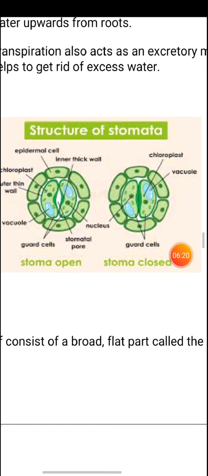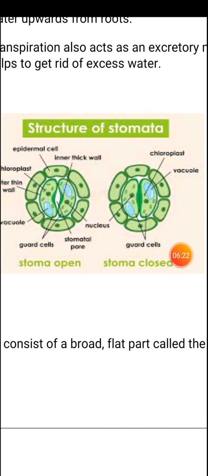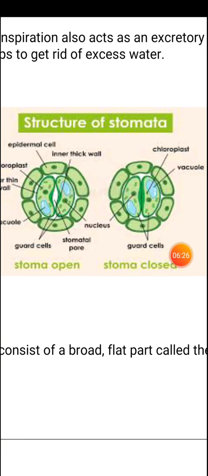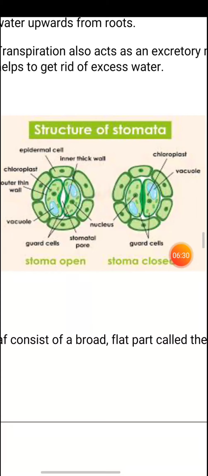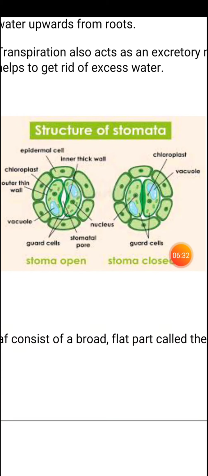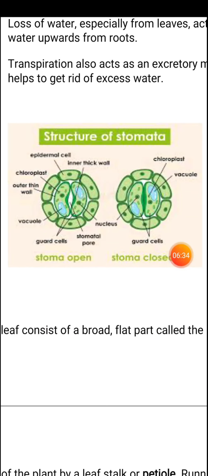So this is the main function of the guard cell. That means they will guard that particular stomatal pore, opening and closing according to the temperature and other external factors that is outside. And potassium is the ion which is helping more in the opening and closing of the stomatal pores.